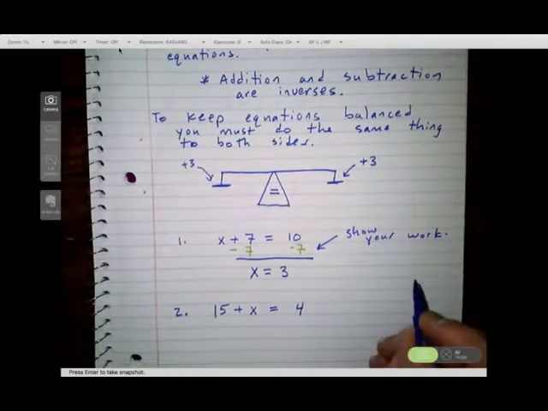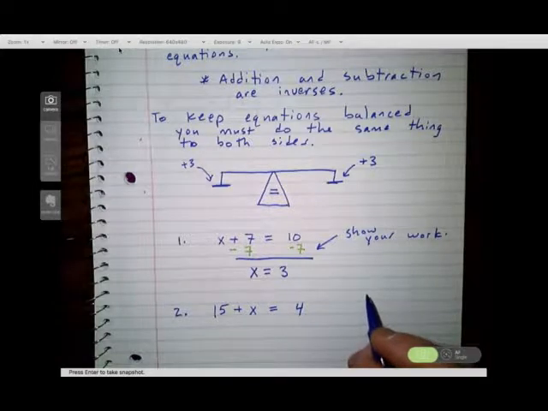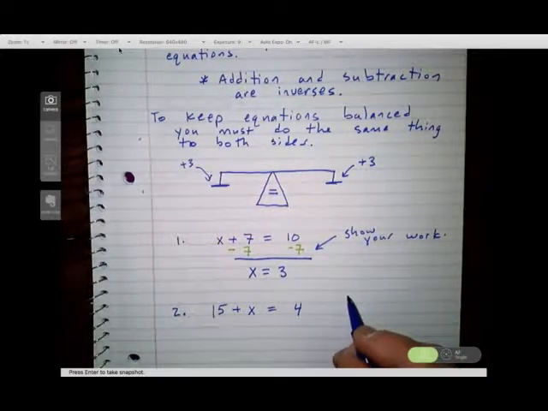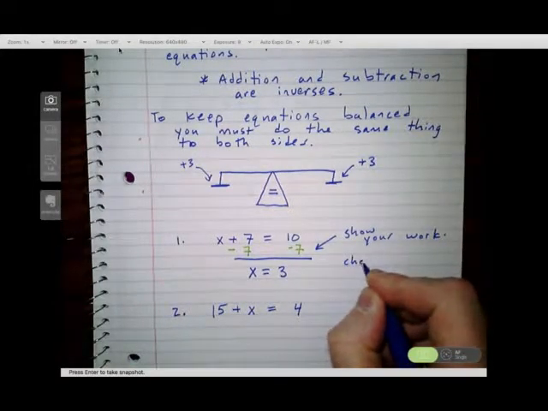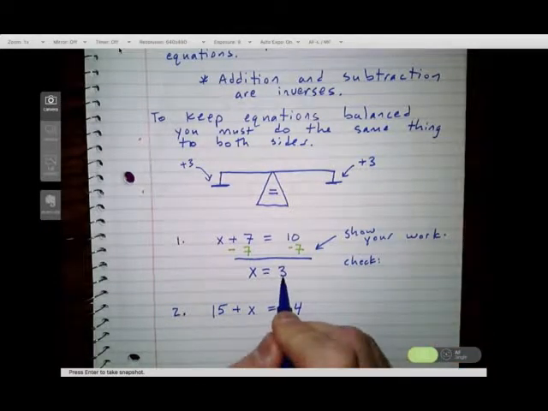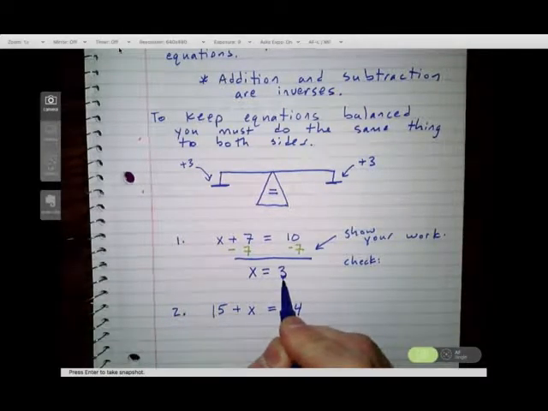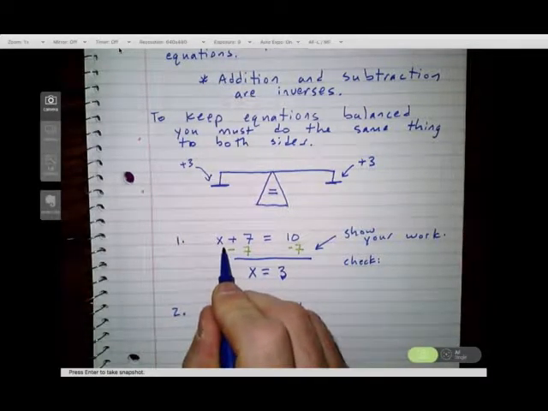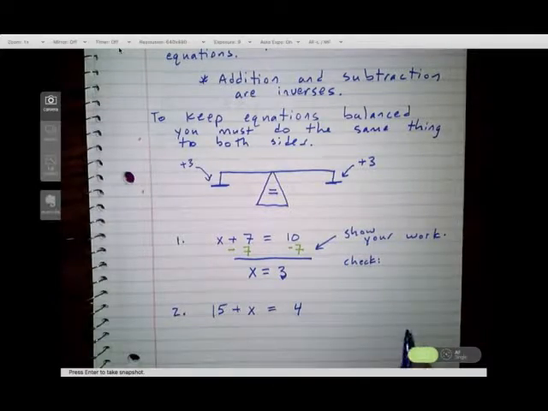One other thing I'm going to show you is how to check your answers. So here's the check. You take your answer, which is 3, and you plug that in for the variable, the x in your original equation.